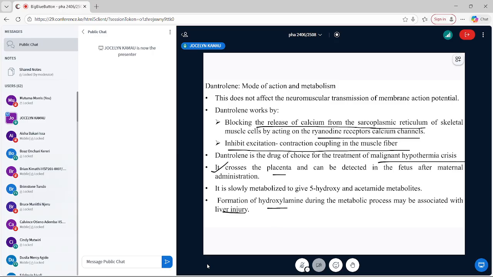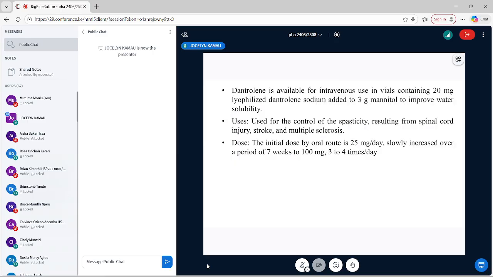But nevertheless, when needed, it can save a patient who has been given halothane and reacted to halothane to get malignant hyperthermia. It is available for intravenous use in vials containing 20 milligrams lyophilized. Again, there's a lot of aesthetics there. You should be able to understand that from your aesthetics lectures. Sodium added to 3 grams mannitol to improve water solubility.